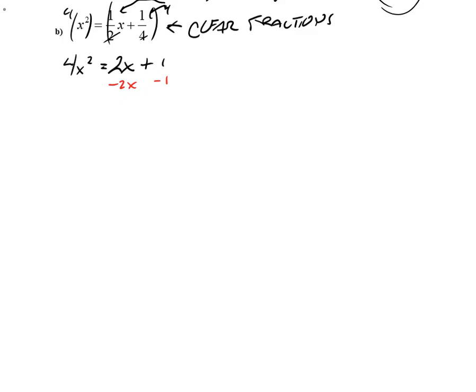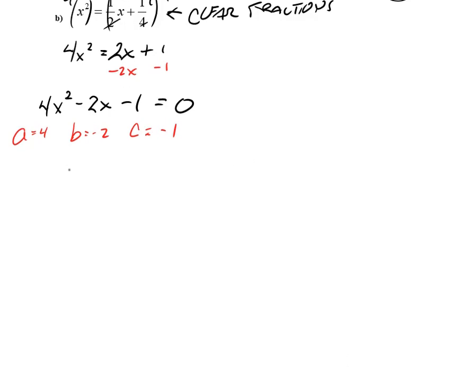So from both sides, that would leave me with 4x squared minus 2x minus 1 equaling 0. So now I have expanded form equaling 0. There are no more fractions, and so we can use these coefficients. a is 4, b is negative 2, and c is negative 1 in our quadratic formula.